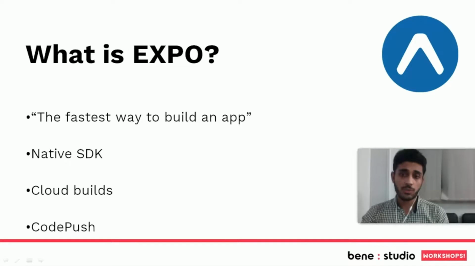Expo also provides you with a cloud-based build service. You can build your applications on the cloud and then just receive the download link. So there is no need for you to have both separate iOS and another machine for building Android apps, for example.